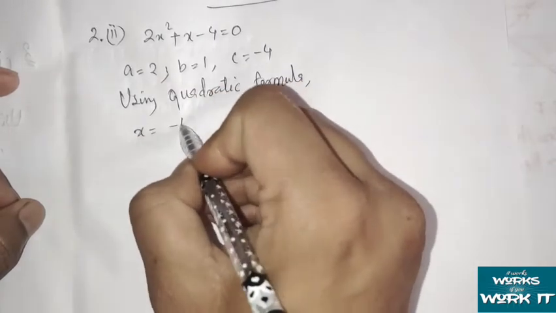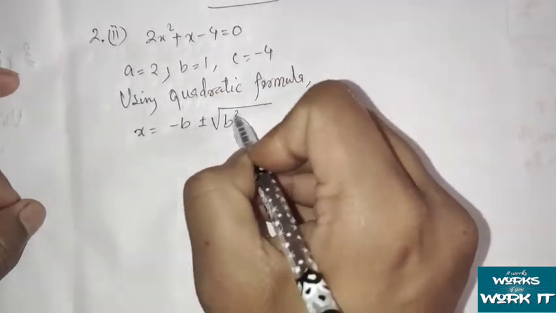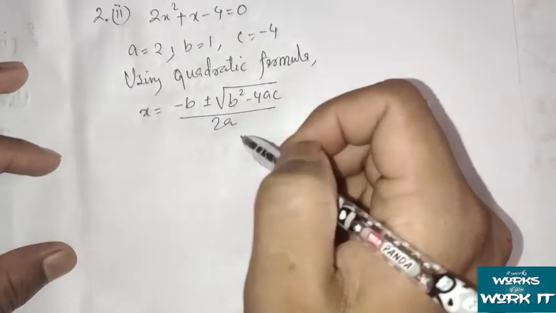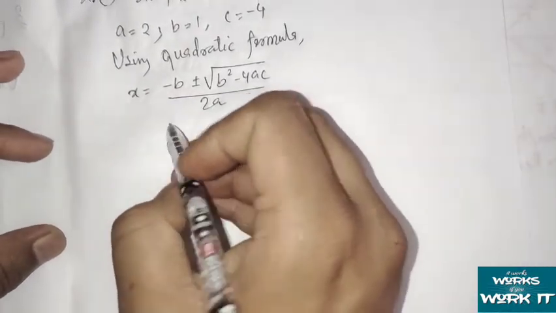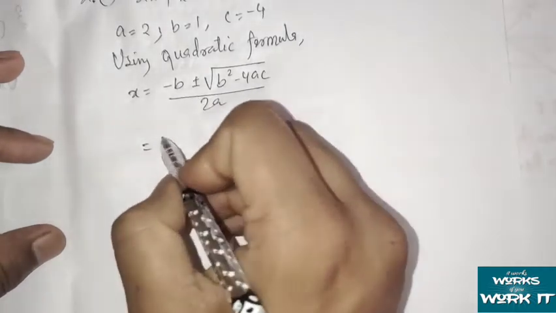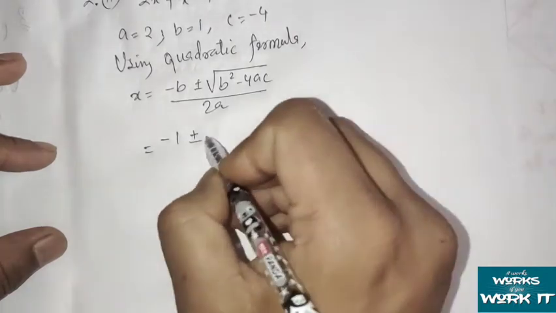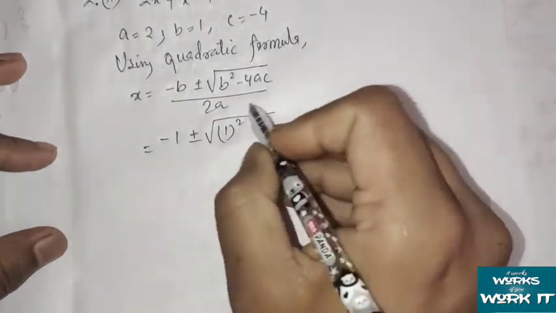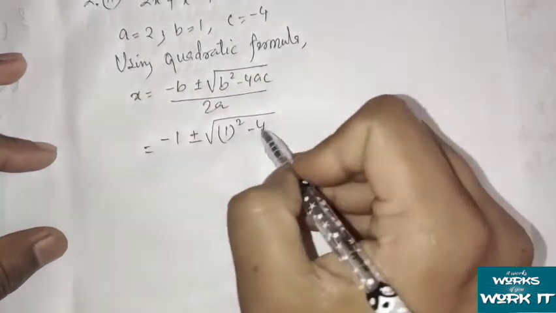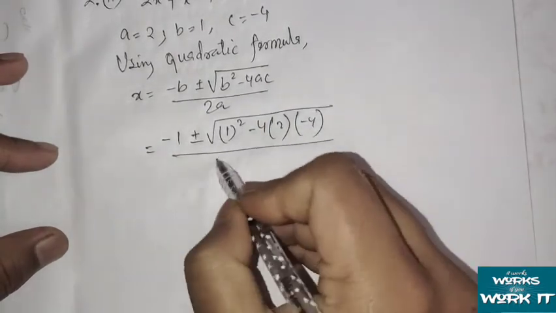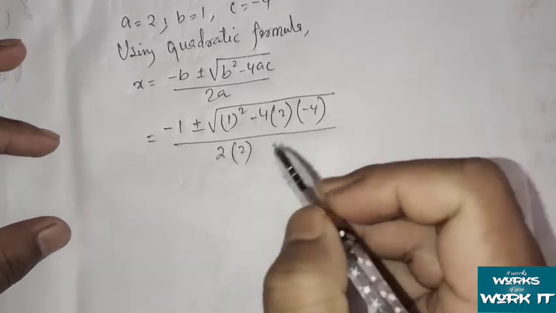So using the quadratic formula, what was the formula? Minus b plus minus root over b square minus 4ac by 2a. This formula you have to memorize in order to solve quadratic equations. So minus what is the b? Minus 1 plus minus b is 1 whole square minus 4. What is a? 2. And what is c? Minus 4. 2 into a, it is 2.